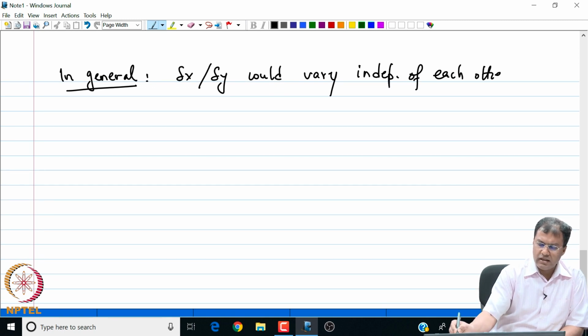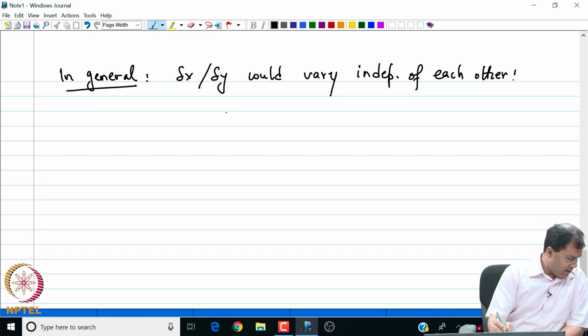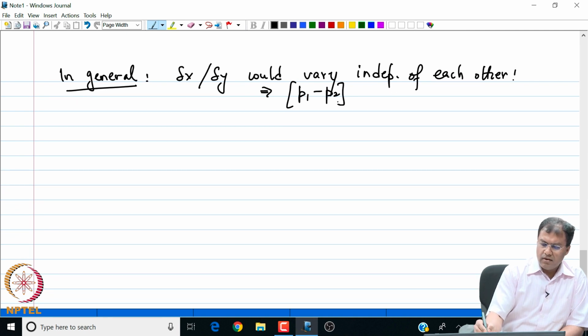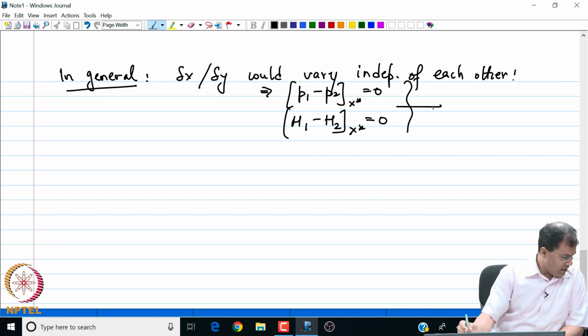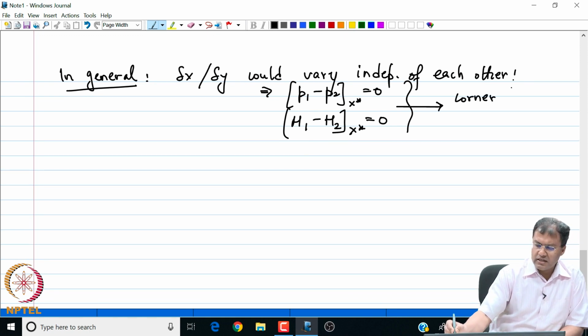So not necessarily they are combined, which means that the coefficients at the corner conditions would be separately 0, and hence that gives me my corner conditions, or the so called Weierstrass-Erdmann conditions.